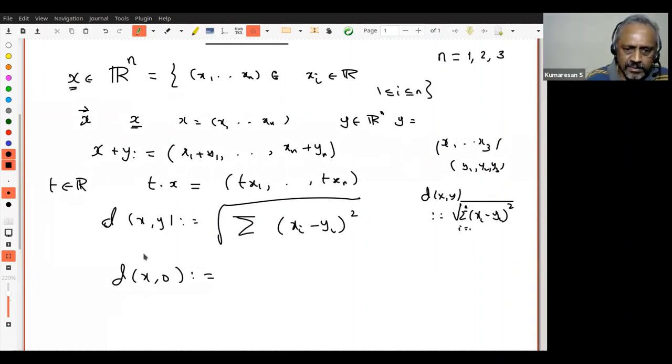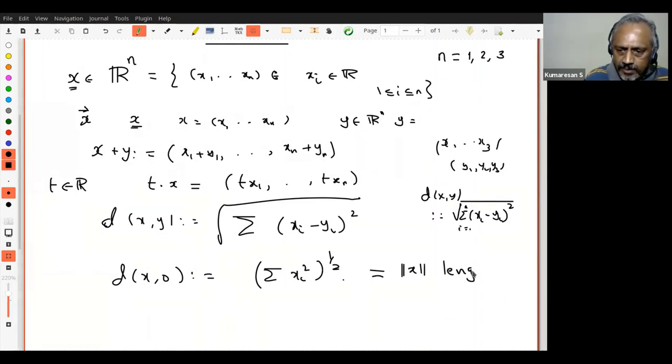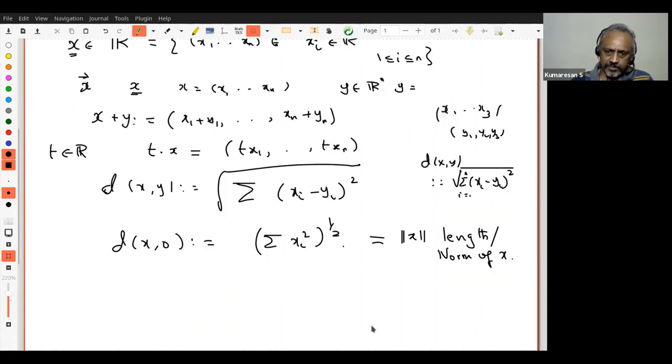So this is going to be the summation of xi squared, taken to the power half. This is usually denoted by norm of x, and this is called the length or norm of the vector. The norm of the vector is nothing other than the distance from 0 to x.